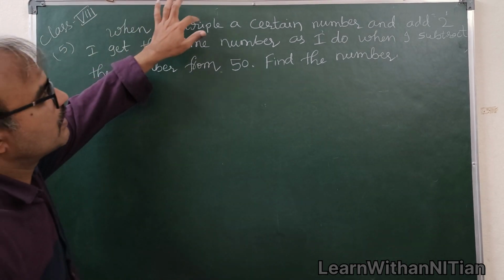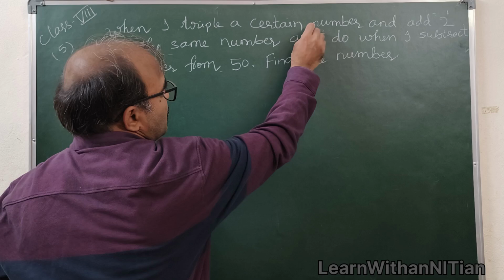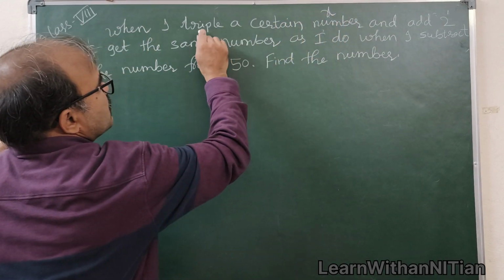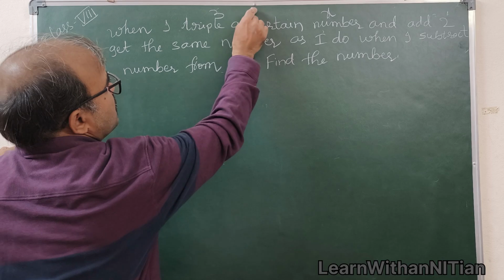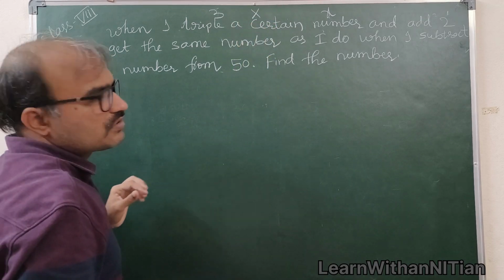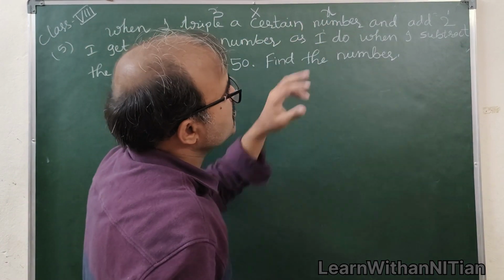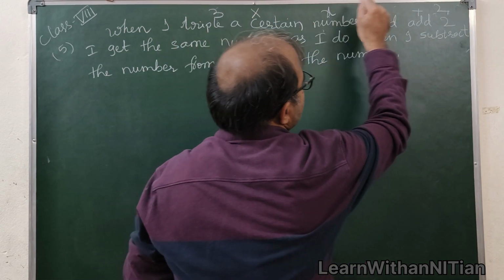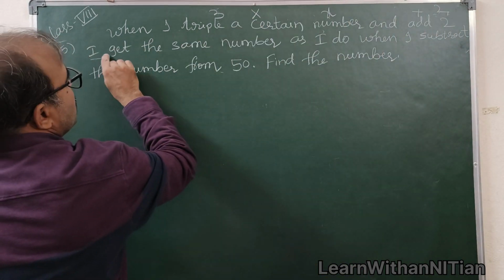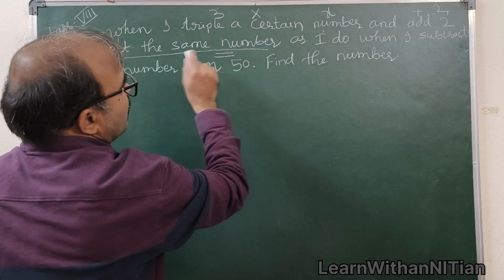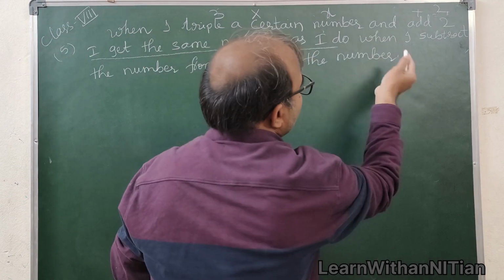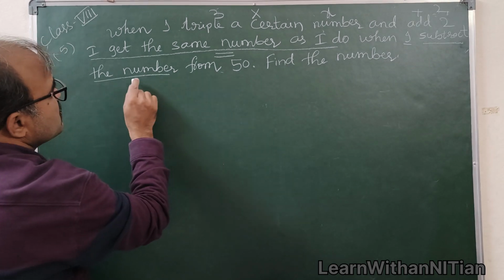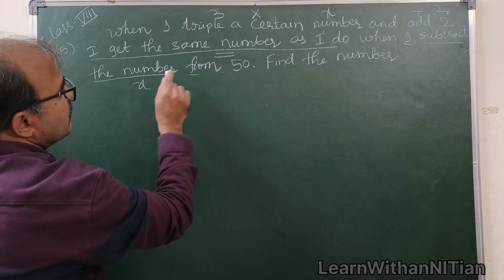So when I triple a certain number, let the certain number be x. Triple means 3 times x, and most students know that tripling means 3 times x, and add 2 means 3x plus 2. I get the same number as I do when I subtract the number x from 50.